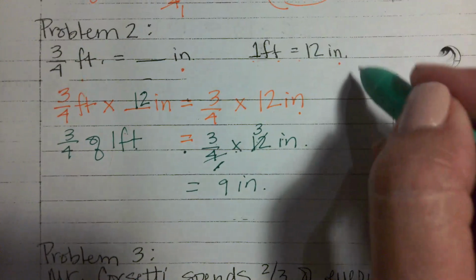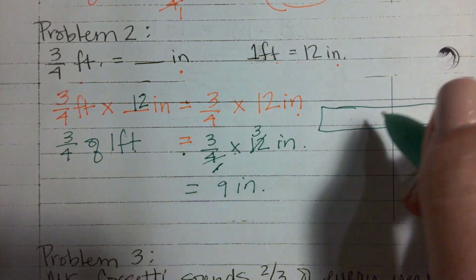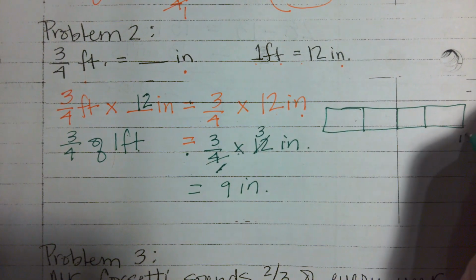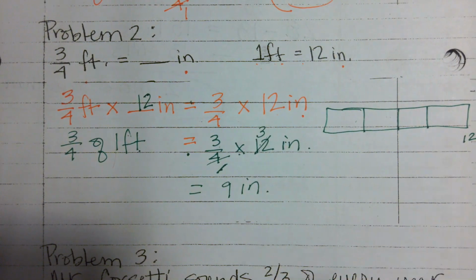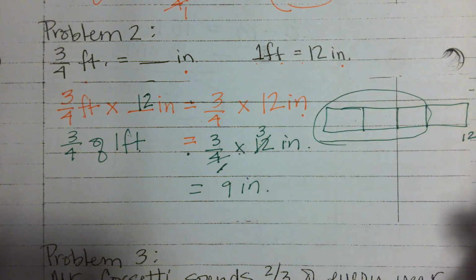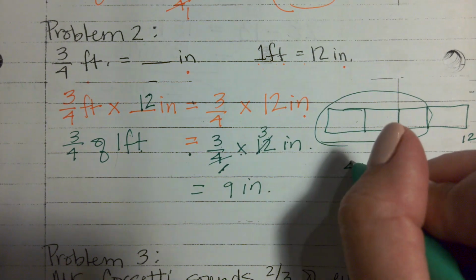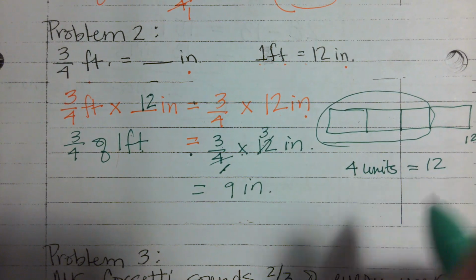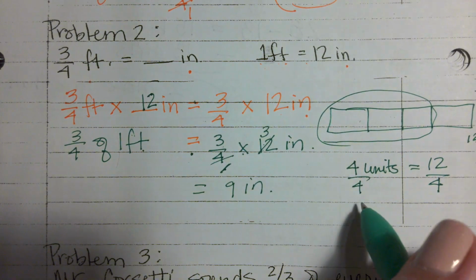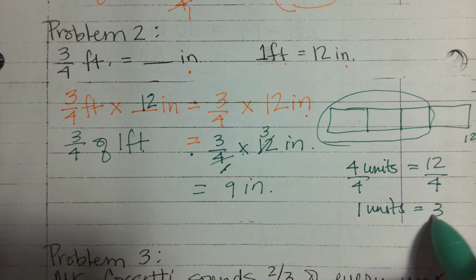So if you made a tape diagram and you broke it up into 4 equal pieces, and this was 12 or 1 foot, and you had 3/4 of it. So if you went 4 units is equal to 12. 1 unit is equal to 3.